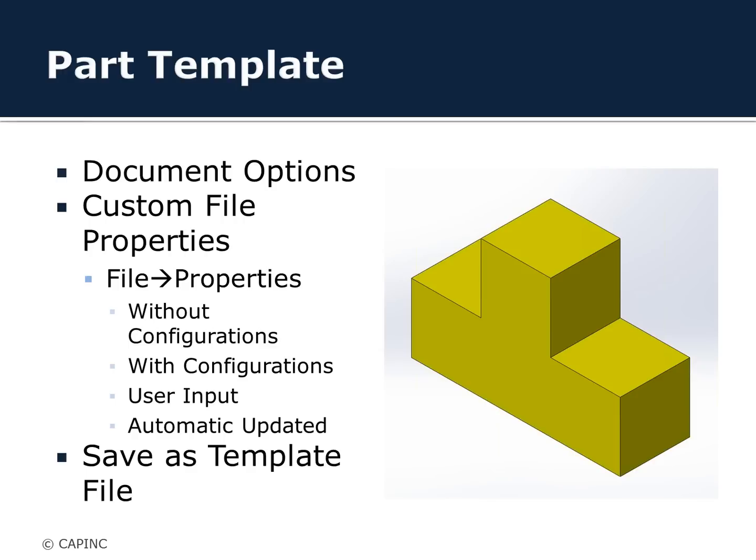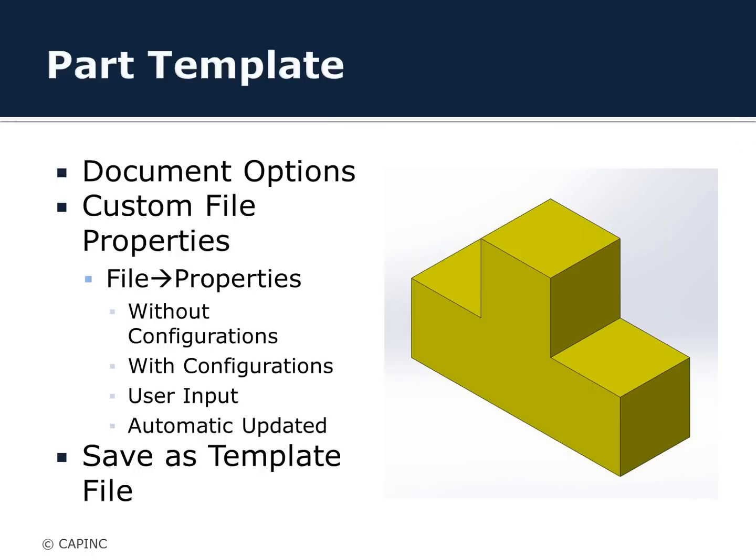The other one has to do with configurations, and if you want different properties for each configuration. Now for this webinar, and to save some time, we're only going to deal with the parts. We're not going to dive into the configurations. But if you want to have different configuration properties, you can do it exactly the same way we're going to do it, just on the configuration tab instead of the part tab.